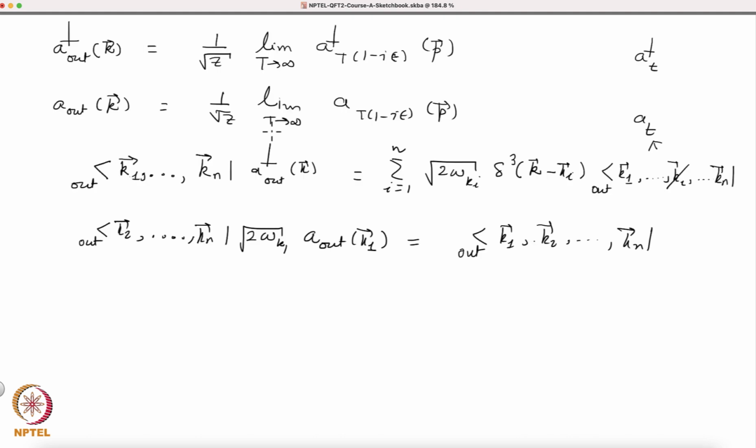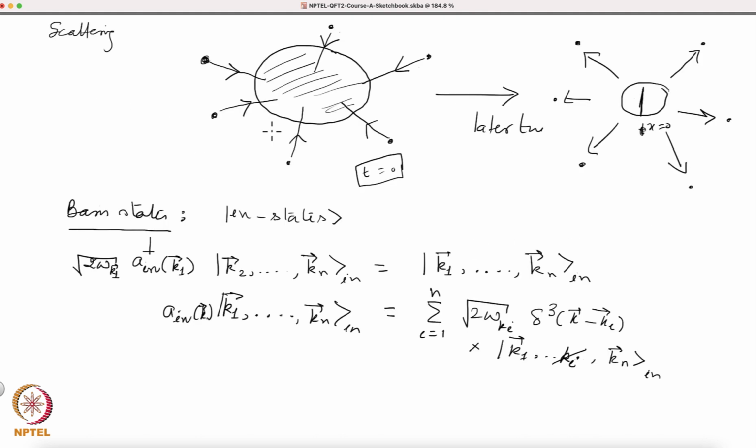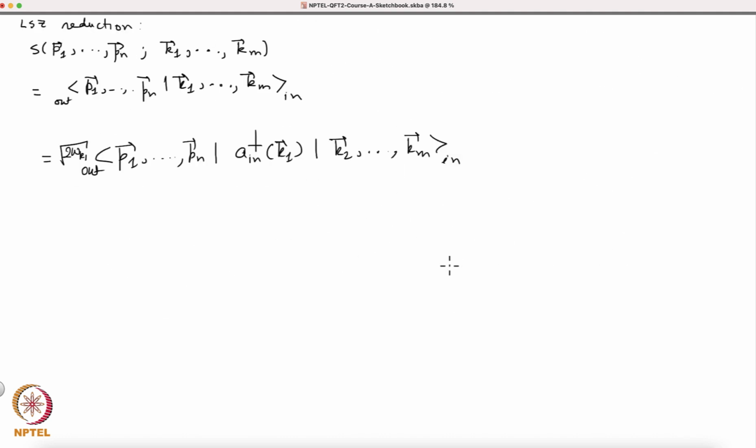All I have used is this result, the first line. Now this I will write as 2 omega K1. This is something you can find at many places in Bjorken and Drell and Ashok Sen's lectures and many others.